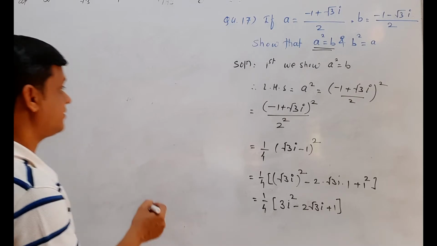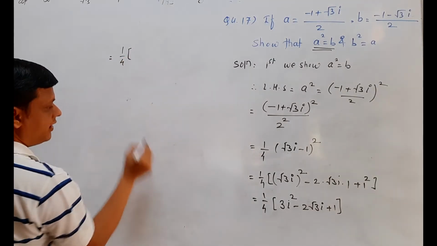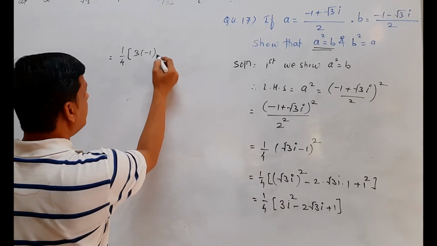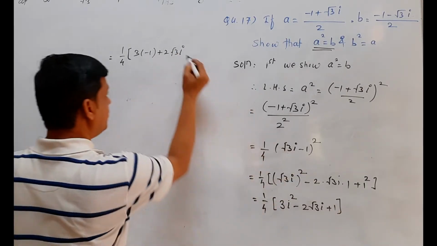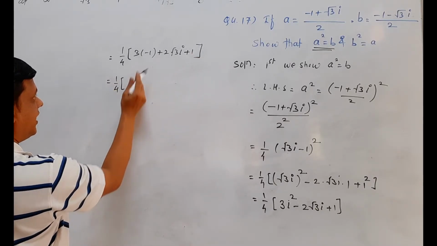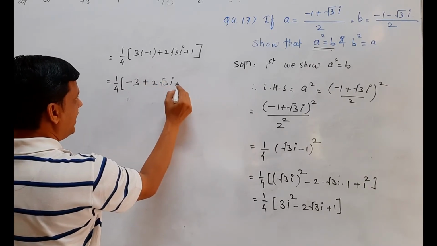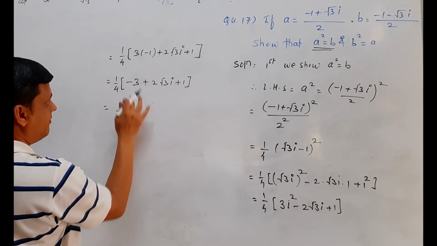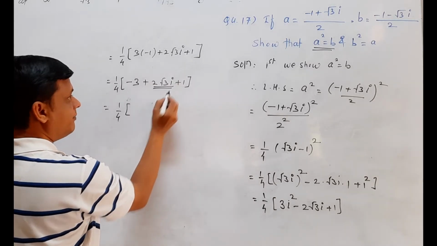So calculate this, which is equals to 1/4 in bracket 3 into i square is minus 1, plus 2 root 3i plus 1 as it is. So we write here 1/4 in bracket 3 into minus 1 is minus 3 plus 2 root 3i plus 1, 1/4 in bracket minus 3 plus 1, so we get minus 2. So we first write the plus term.